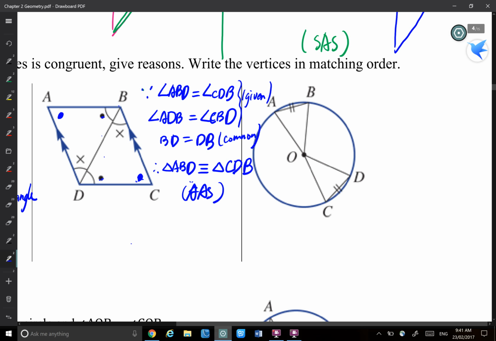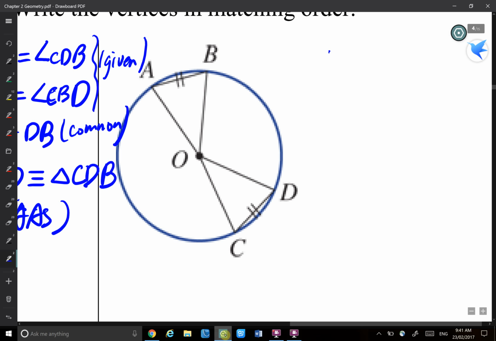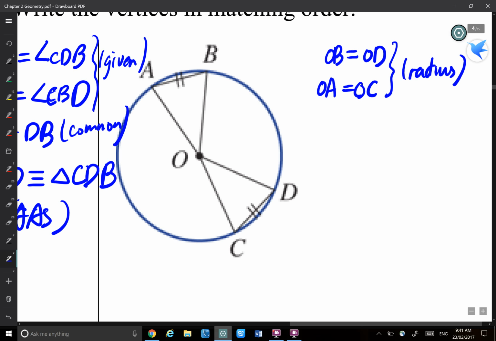Okay, let's have a look at the next one. The next one is in a circle. So if that's in a circle, what I can write is OB equals OD, OA equals OC, because they are radii of the circle.